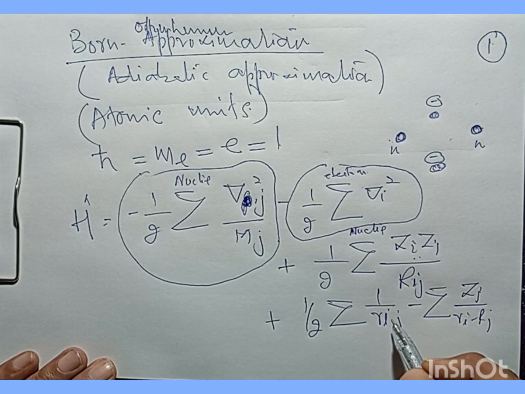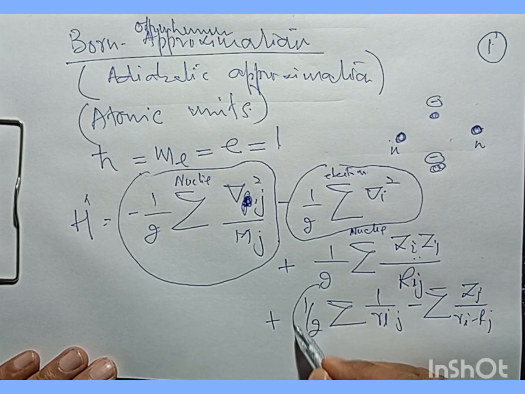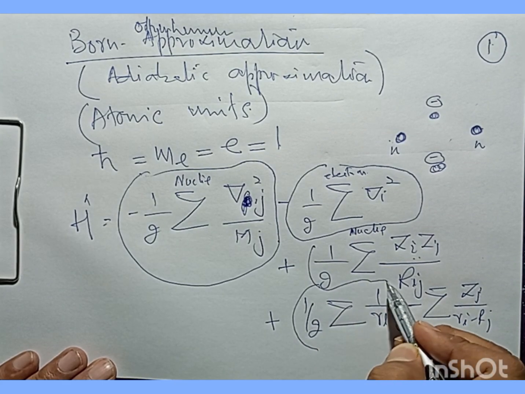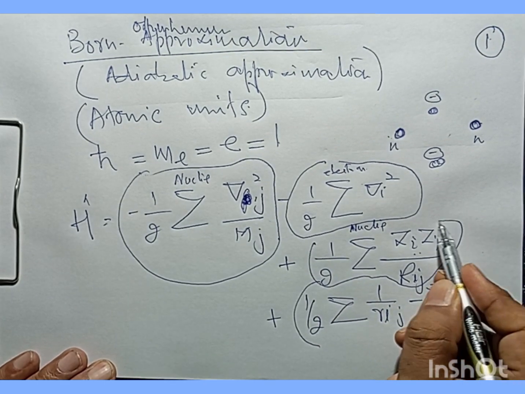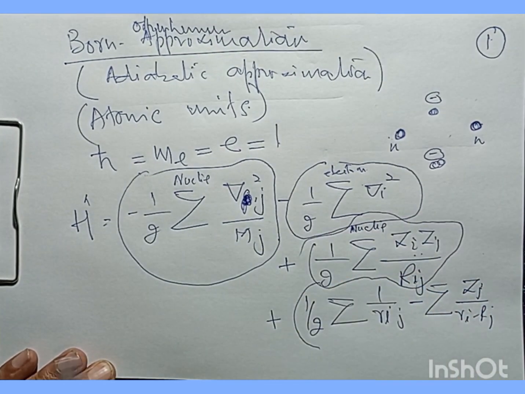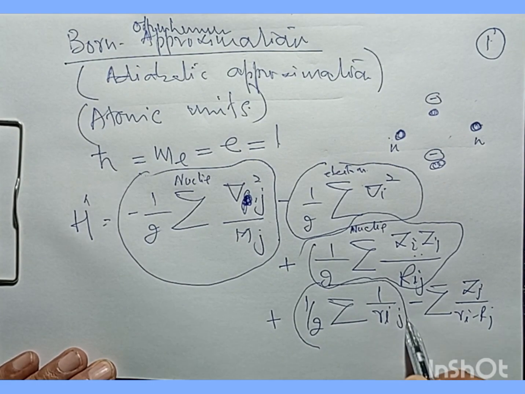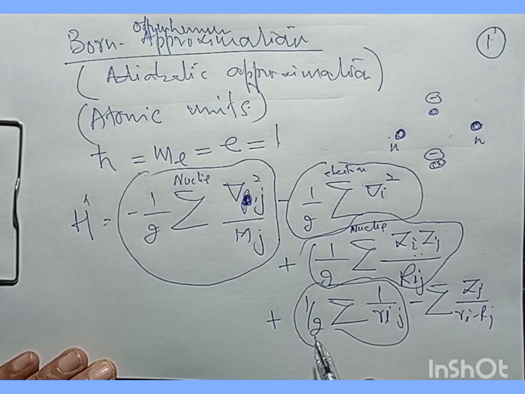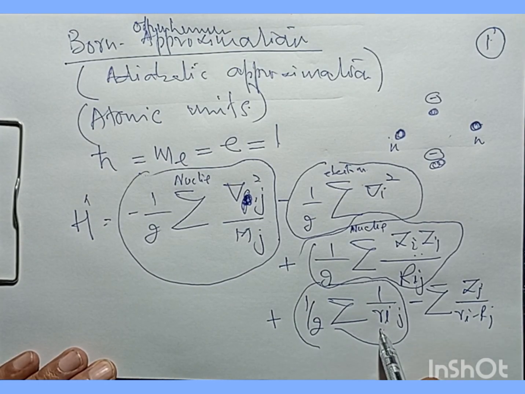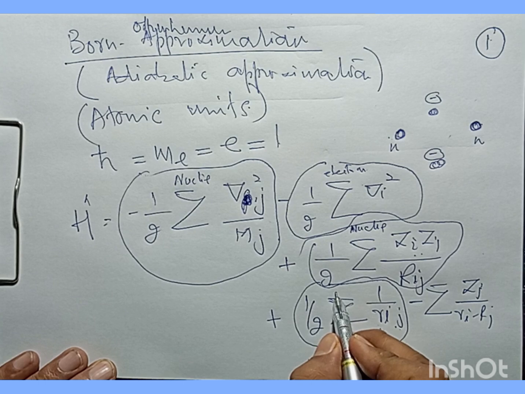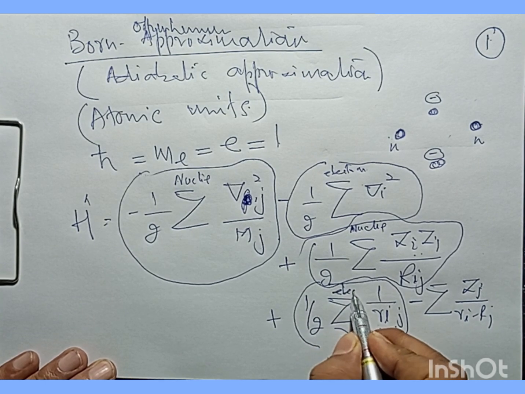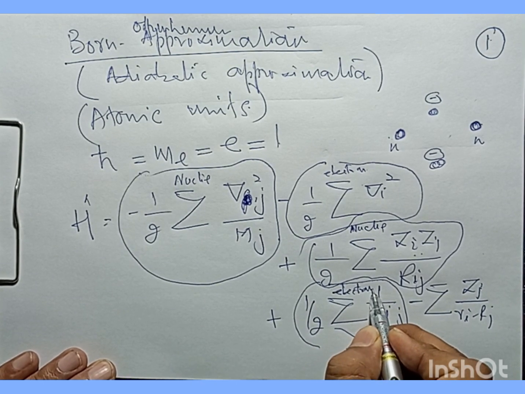This is our repulsion due to the nuclei present in the molecule. Then we have this term, which is the repulsion between the electrons in the given molecule.